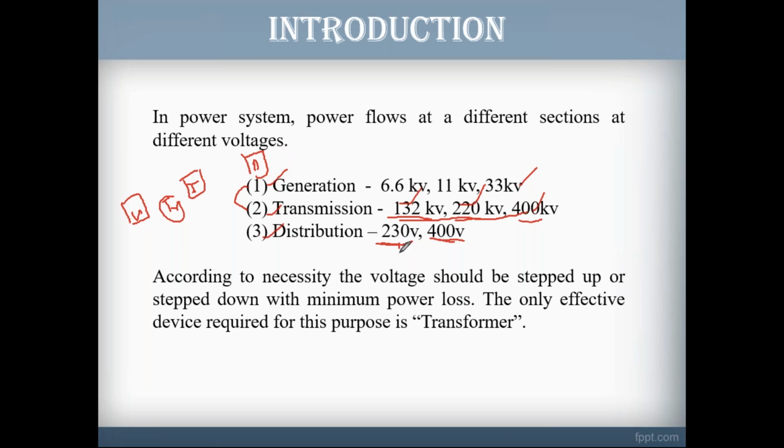And what does each voltage level denote? What is the voltage level for 230 volts? Single phase or three phase? What is the voltage level for single phase?